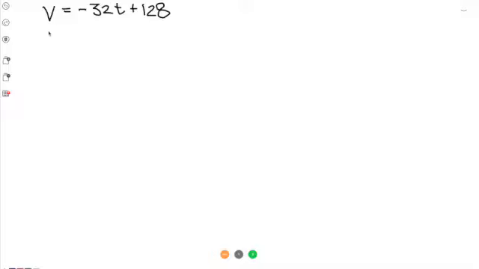This is a particular solution. And S, now that we know that the arbitrary constant C2 is just equal to 0, we can write it as this.